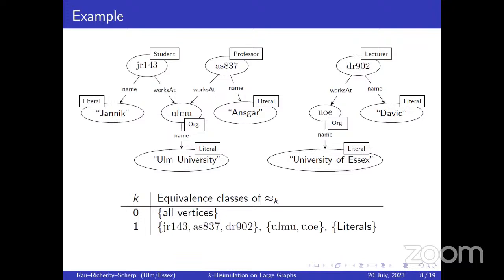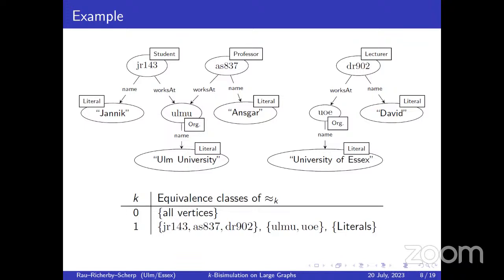If we look at one bisimulation, we get these 3 equivalence classes, which correspond to the top row. All of these vertices representing people have a name edge and a worksat edge.